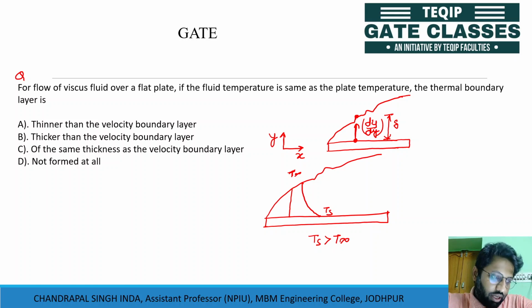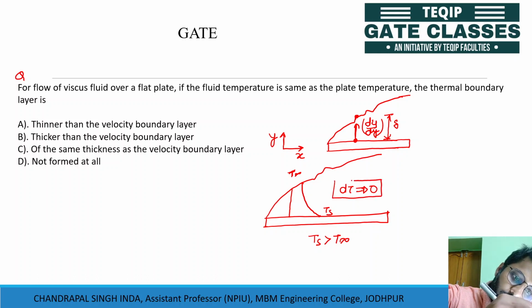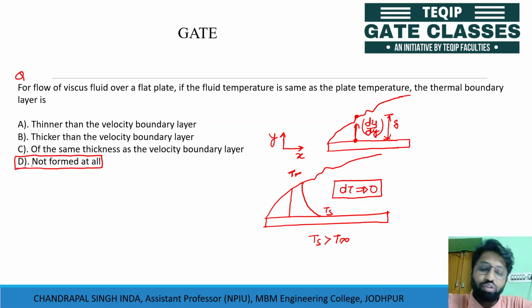But in the question the temperature of the fluid and the plate is the same, so there is no temperature difference, dT is 0 here. So the thermal boundary layer will not form over the flat plate. So option D is correct for this question.